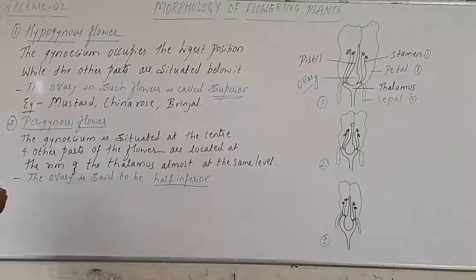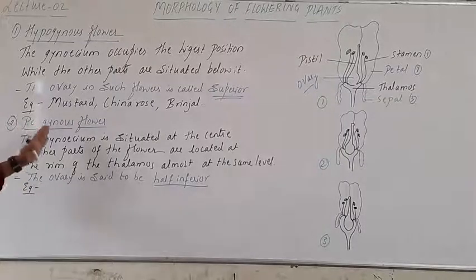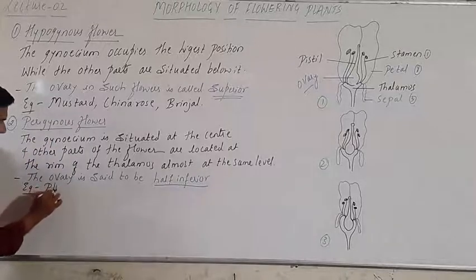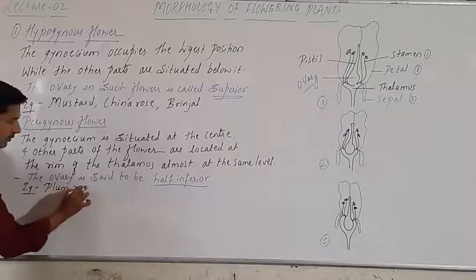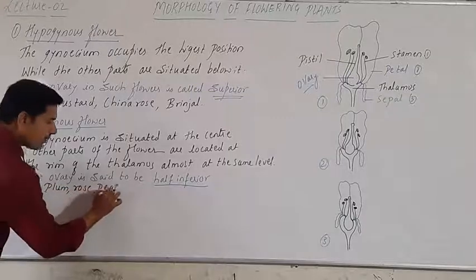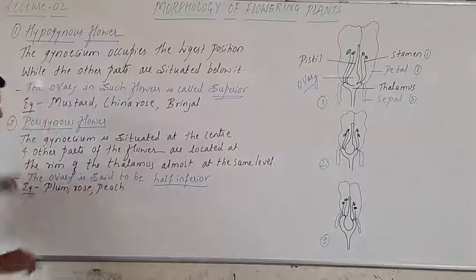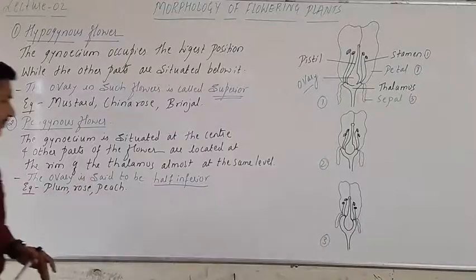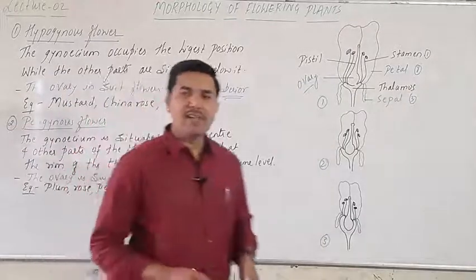Now let's look at the examples for this. Examples of this half inferior flower include plum, rose and peach flowers. So all these plants like plum, rose and peach, their ovary is what?